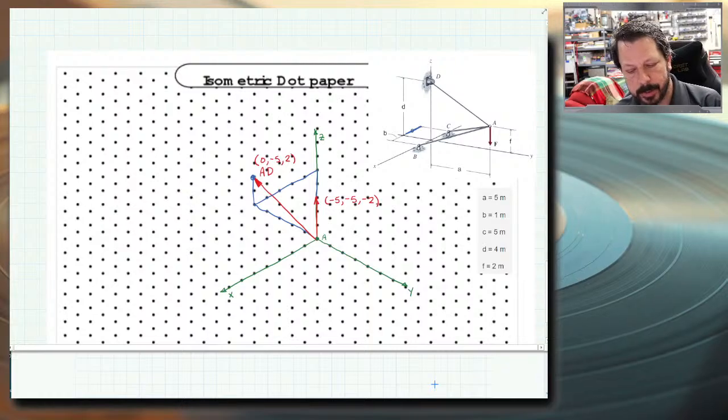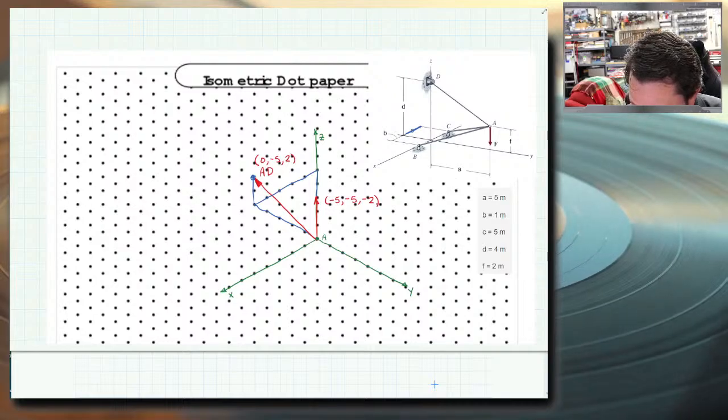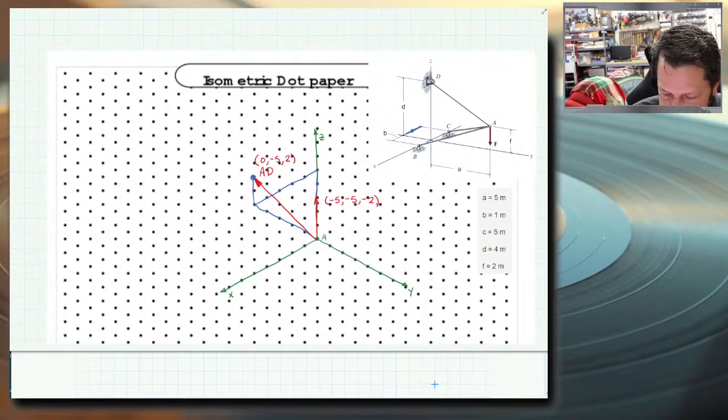So that's one of the difficulties of drawing these forces in 3 dimensions, but on a 2-dimensional thing. All right, so I'm just going to check and make sure I did that right. -5 for x, -5 for y, and -2 for z. Yep. All right, now we've got the last one, AB.